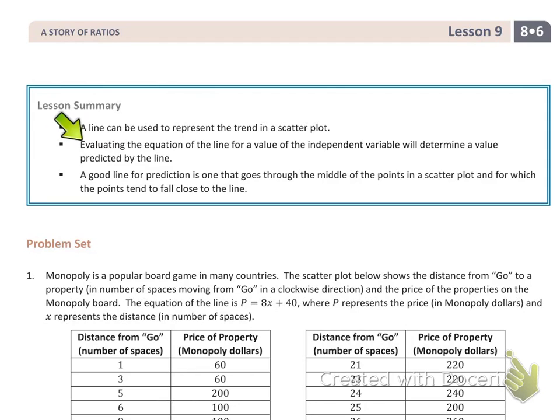And it says, evaluating the equation of the line for a value of the independent variable will determine a value predicted by the line. So a good line of prediction is one that goes through the middle of the points in a scatter plot and for which the points tend to fall close to the line. So we want most of the points falling close like that. Okay, so we can think of these lines as going kind of through the middle of all the points.